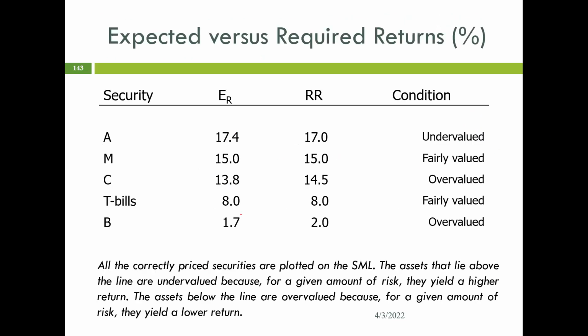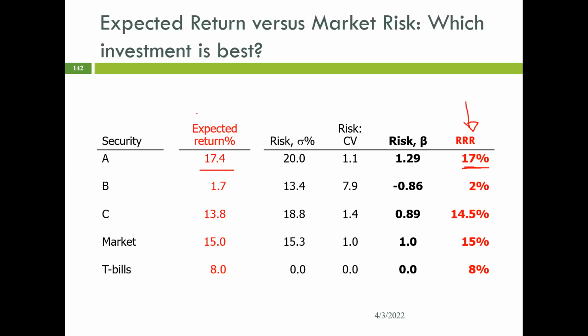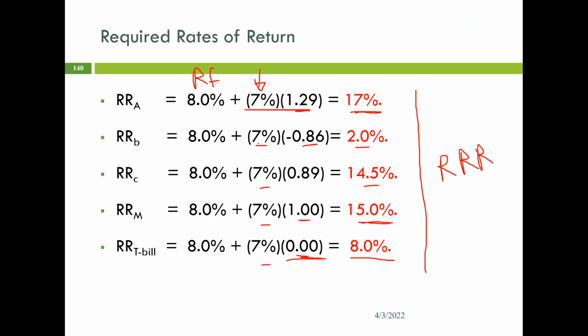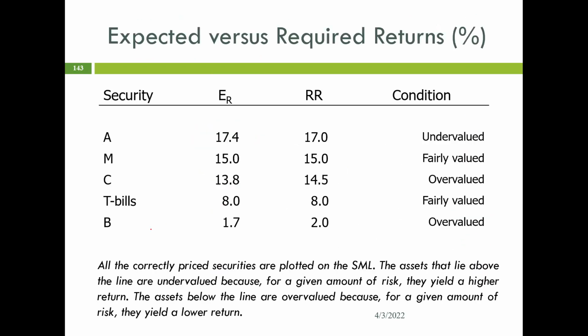Now you can use these two numbers, expected return and required rate of return, to identify whether the stocks are overvalued or undervalued. Here you can see expected return is 17.4%, but the required rate of return is 17%.